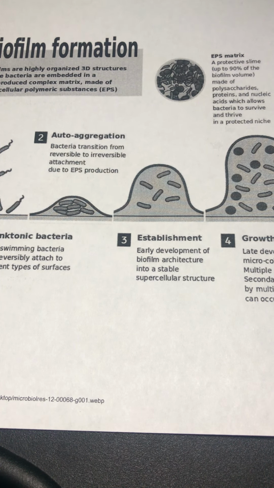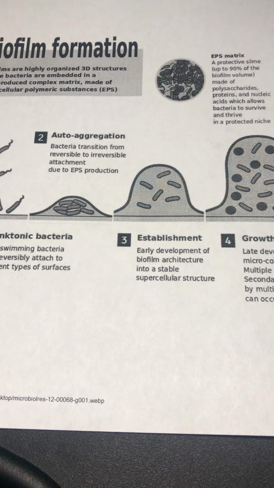So you've got the EPS production, and then you've got establishment, early development of biofilm architecture into a stable supracellular structure. So this is actually a formation of that structure on the outside, or protective layer over top of devices, or sometimes fibrous tissue or implants, as previously stated.